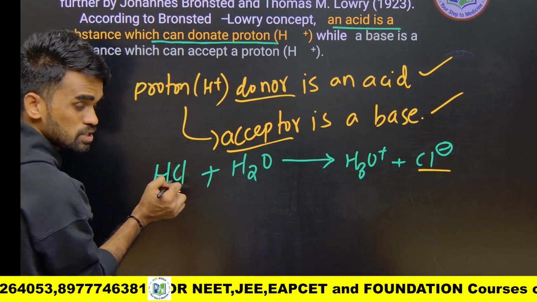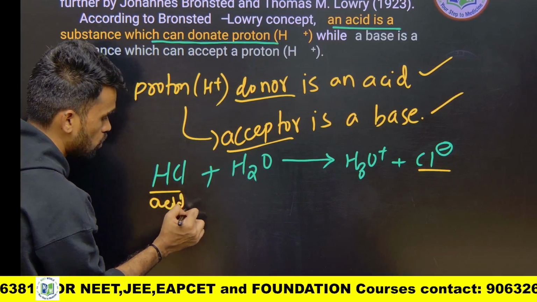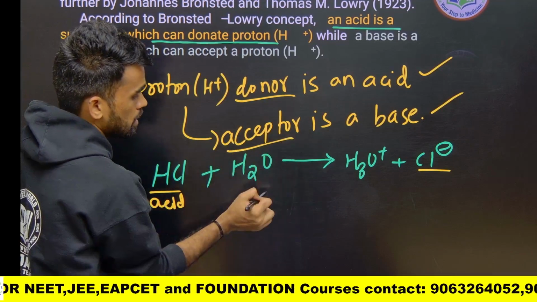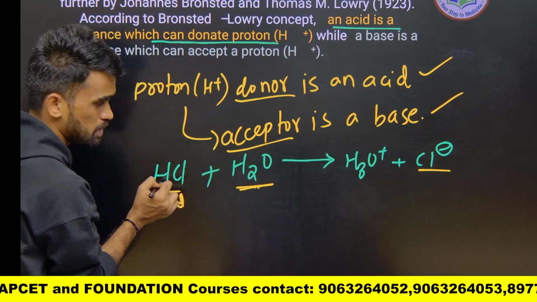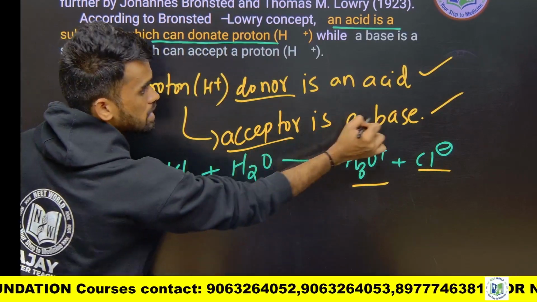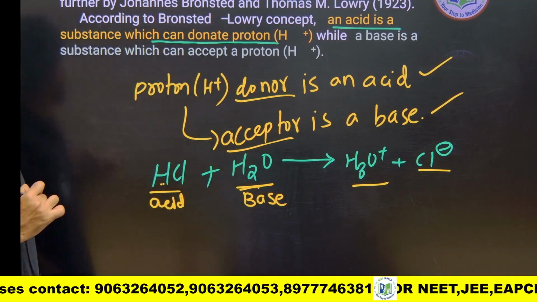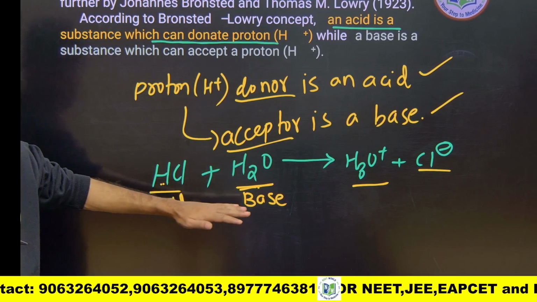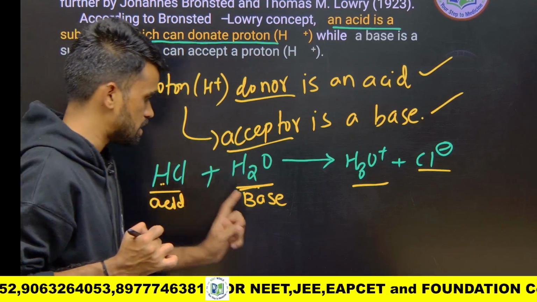Therefore, this is a species which donated H plus, so I can call it an acid. Now the proton acceptor: this water molecule is a species which accepted this H plus ion and became H3O plus. So the proton acceptor is called a base. Hope it is clear up to here. This is a basic definition of acid and base.